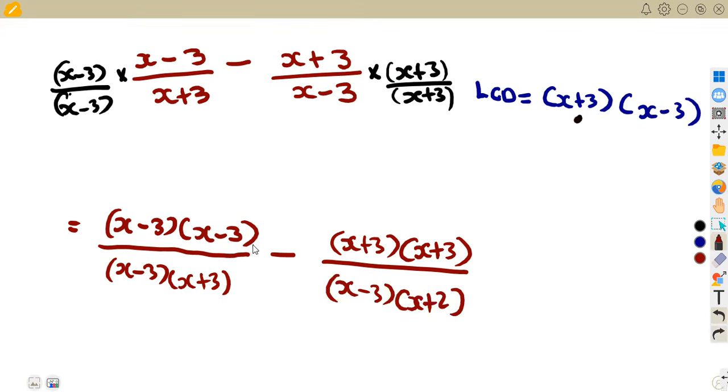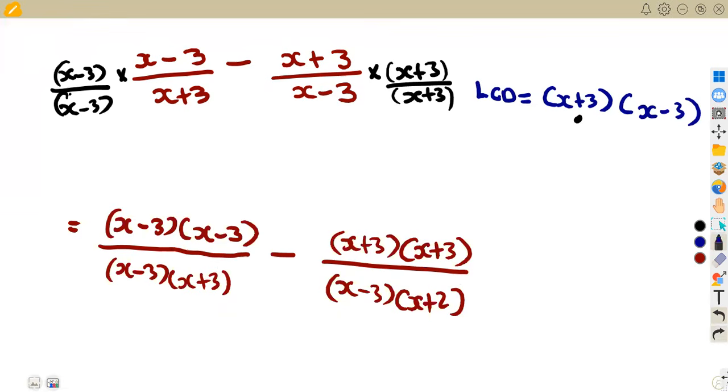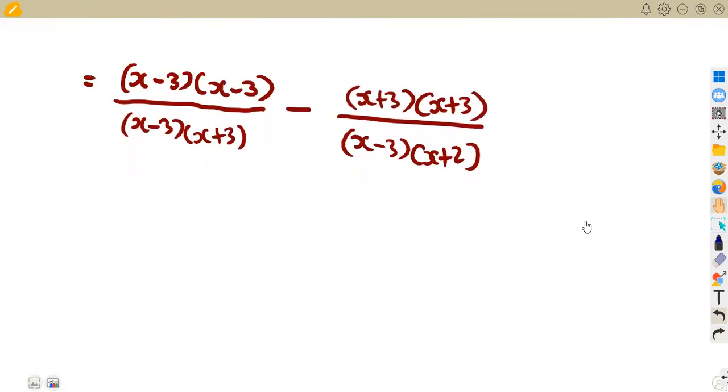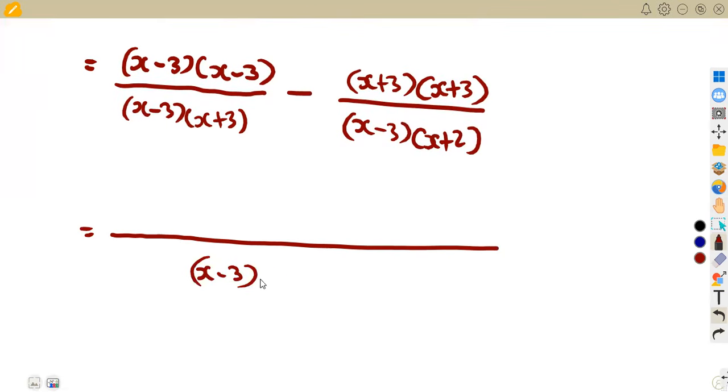So as long as we've got this, remember what I said: as long as your denominators here are the same, it means I can combine the numerators together. So I was not even supposed to rewrite this stage. I was just supposed to write it as a combined part, because I already know that my denominators are the same. So I'm just going to combine everything.